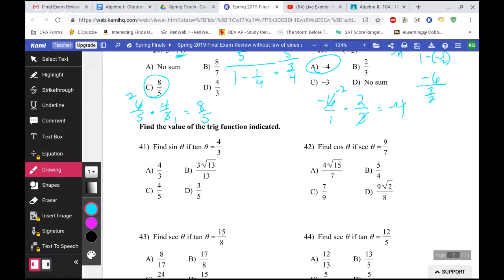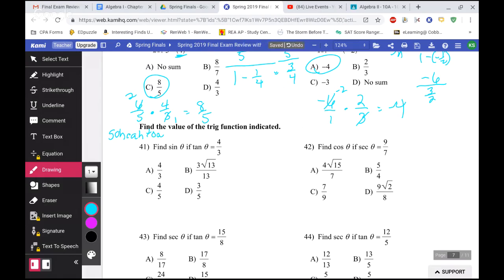Okay. So number 41 for the trig portion. When you're trying to find sine and you're given tangent of 4/3, remember what sine, cosine, and tangent are. Good old SOHCAHTOA can help you on this part.